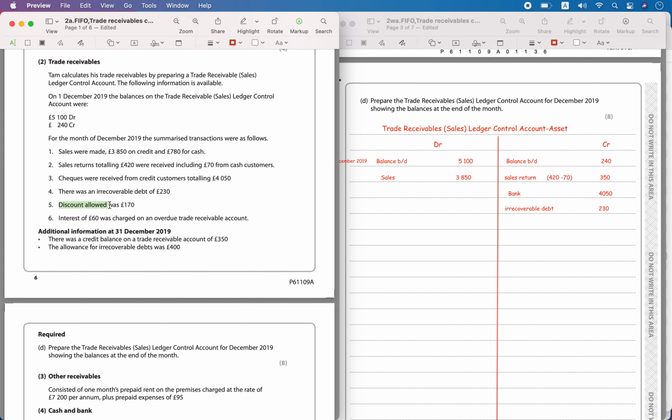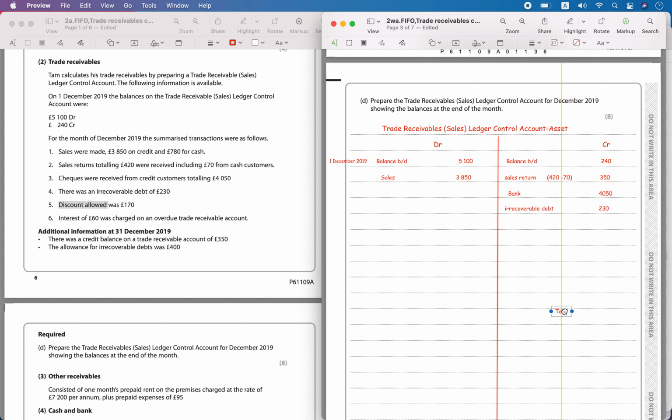Then there was a discount allowed of around 170, given for the sales. It is going to appear on the credit side.